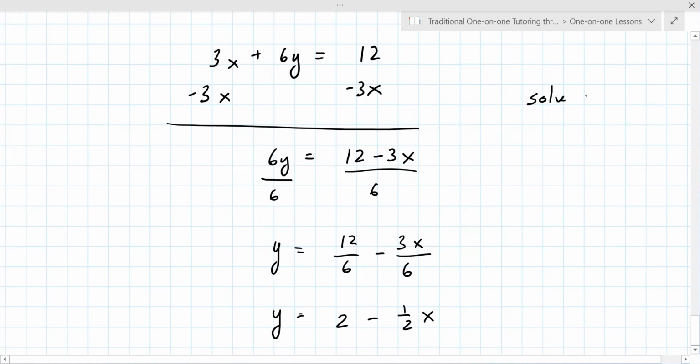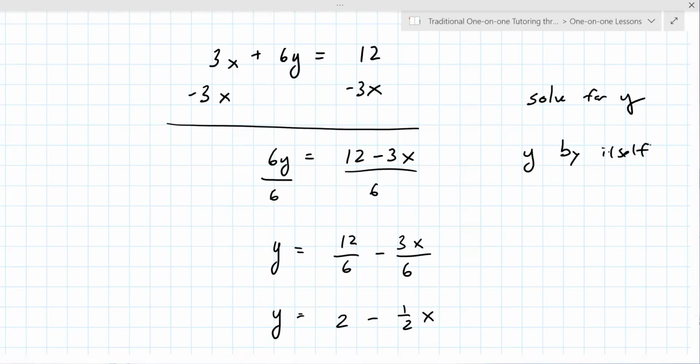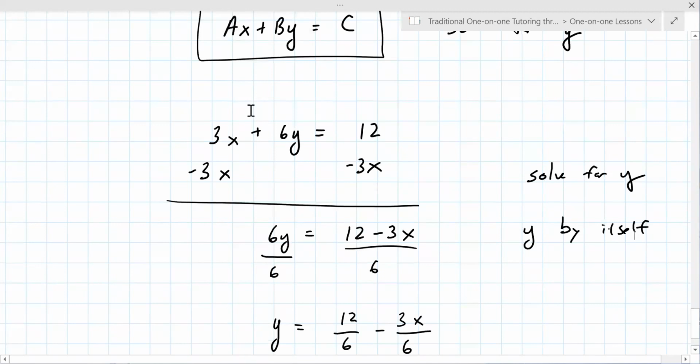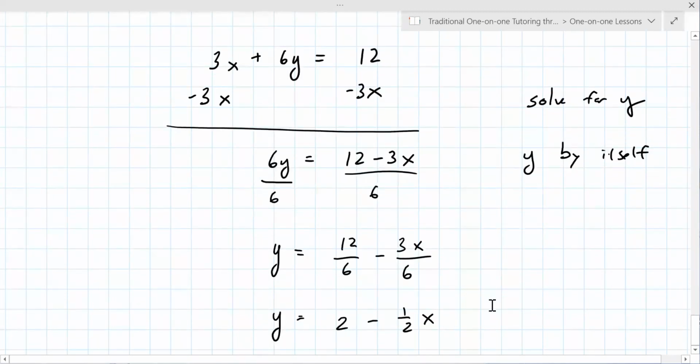Remember, the original question said solve for y. That means to get y by itself. So let me know when you get this copied down. I think we should spend a little more time on some literal equations like this.